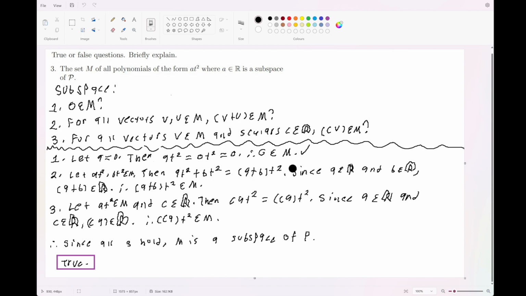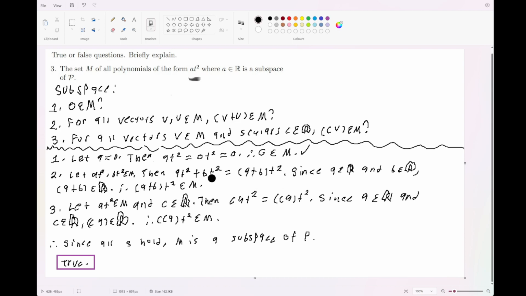And how you start the proof for addition is you suppose two vectors, because we're going to use the definition here, v and u. So we're going to let at squared, bt squared be elements of M, because these are of this form. Then at squared plus bt squared equals (a plus b)t squared.